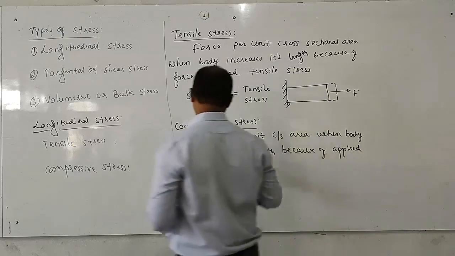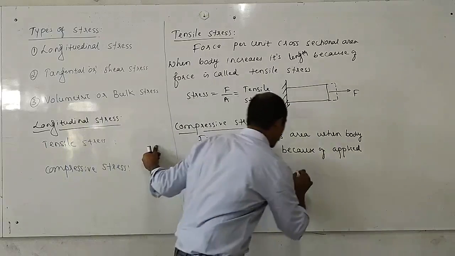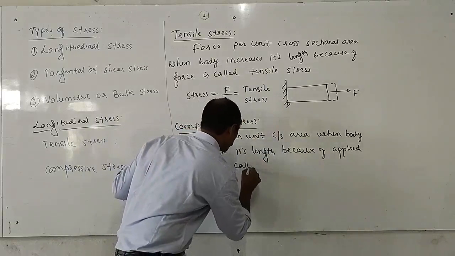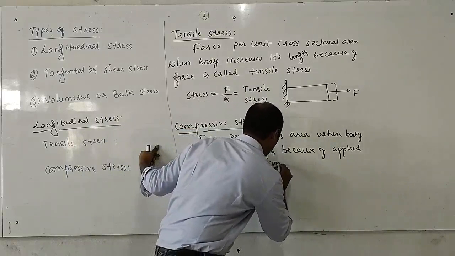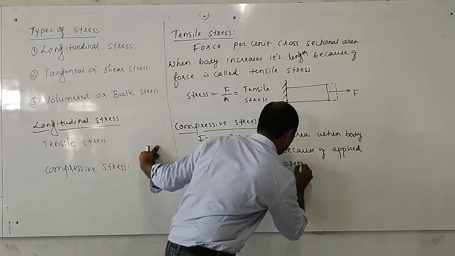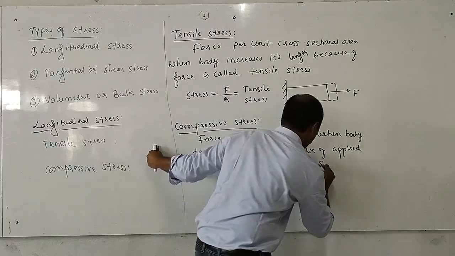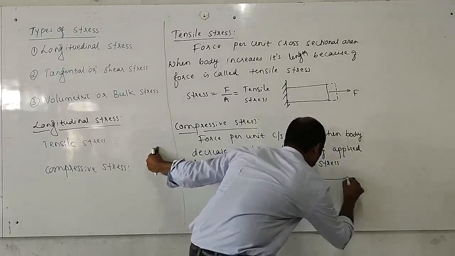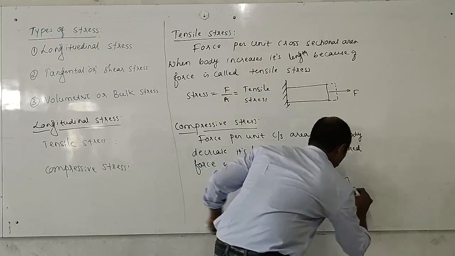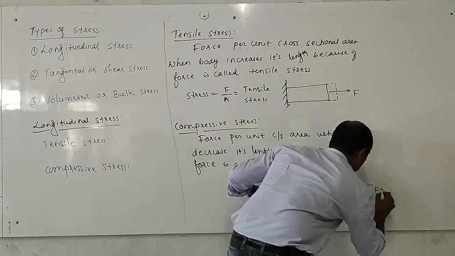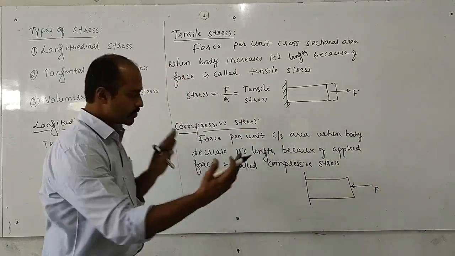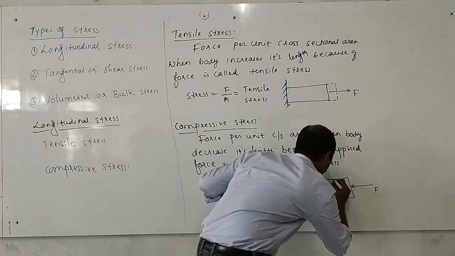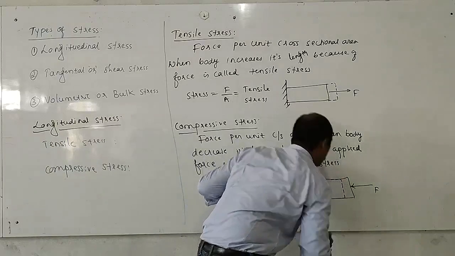So here, if I draw the same diagram, it is called compressive stress. Same rod I am taking, and now the force is applied in this direction. When the force is applied like this, the length of the body gets changed, right?